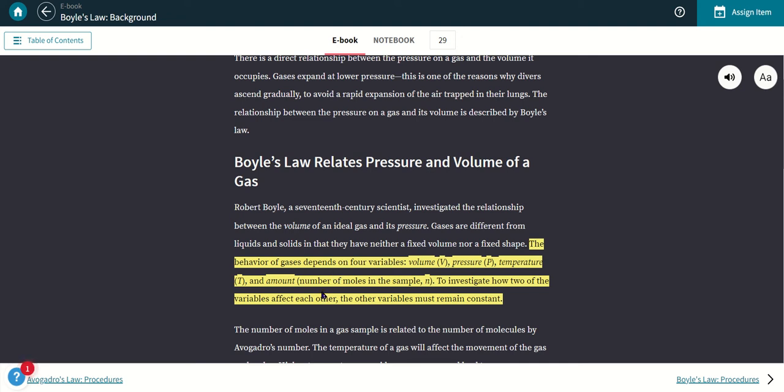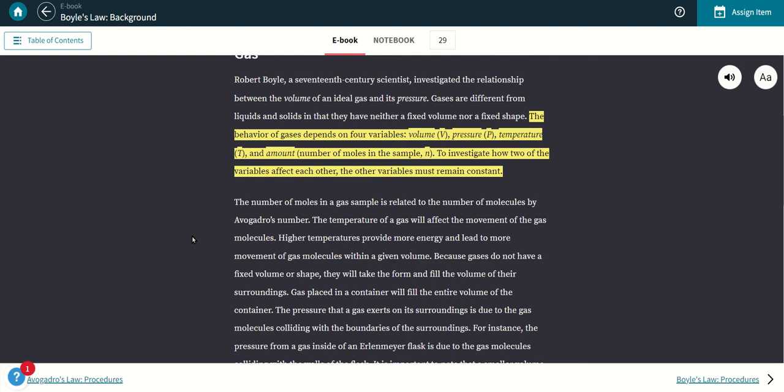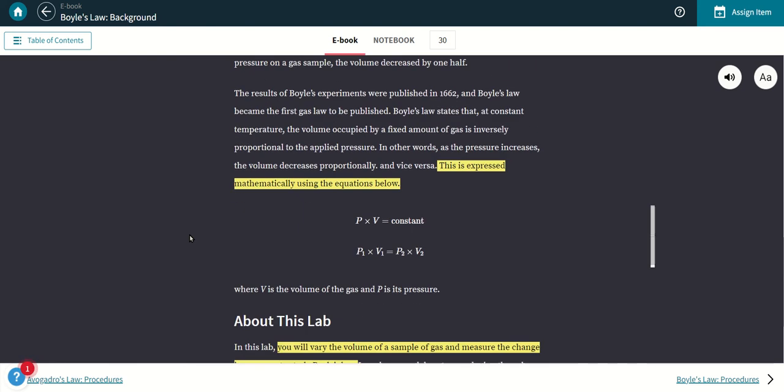The other 2 have to remain constant. So for example, here we are studying pressure and volume, then that means that moles and temperature would stay constant. So keep in mind that it's not that we're ignoring the other 2 characteristics, it's that they're staying constant, so we can really focus on pressure and volume.